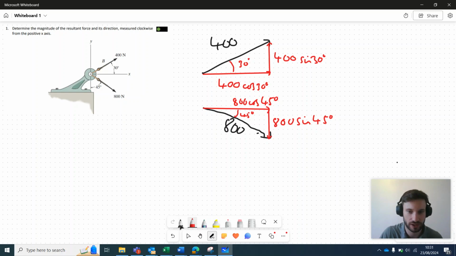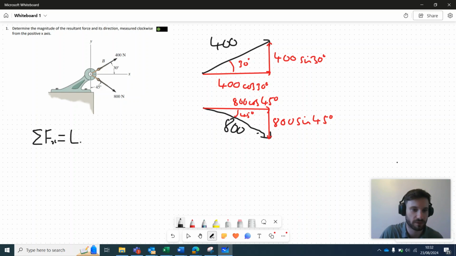Okay, so like the question asks, we're wanting to find the resultant force here, which is simply the sum of the two different forces, and we would add them together according to their components. So we would sum the horizontal components together.